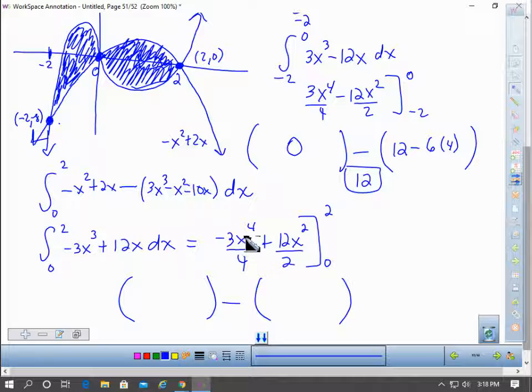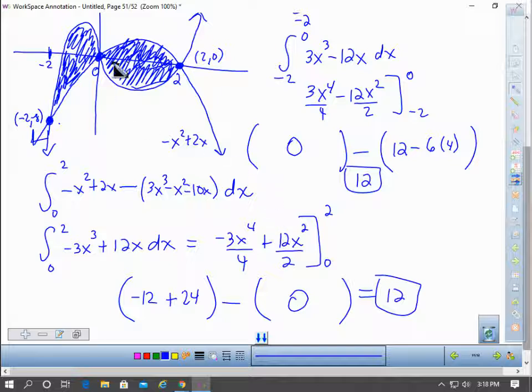So putting a 2 in here will be 16 divided by 4 is 4 times -3 is -12. Putting a 2 in here, 2 squared is 4. 4 times 12 is 48 divided by 2 is 24. So plus 24. Then I put 0 in here and it gives me a big fat goose egg. So then I've got -12 plus 24, which is 12, minus 0 is 12. So that means the area of this second piece is 12.